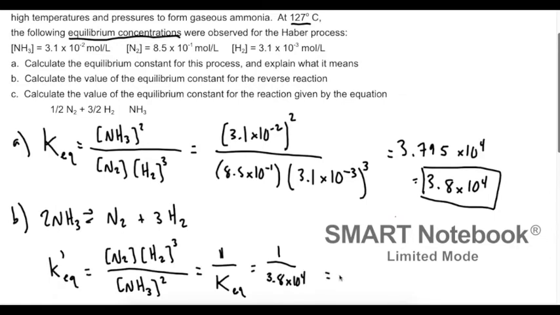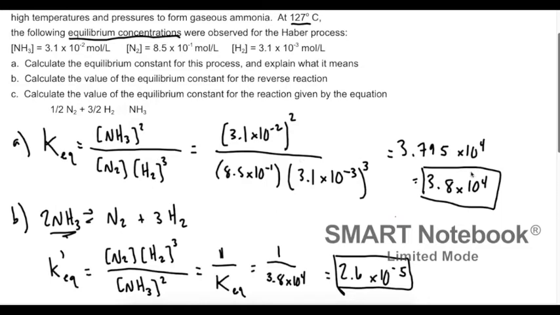And that's going to get me a very small value now. That gets me about 2.6 times 10 to the negative fifth. It makes really good sense that we would get a tiny answer because we know that this process favors ammonia.